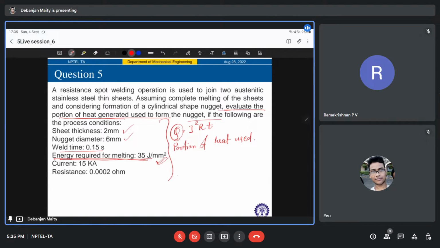What will be the portion of heat that will be used? Some amount of heat will be required to melt the workpiece, and there will be total heat, right? So heat generated during welding.